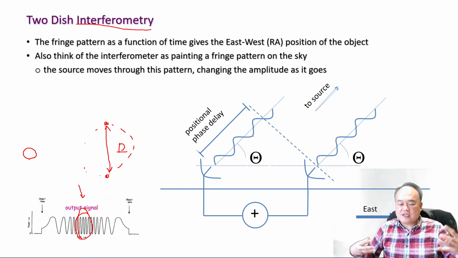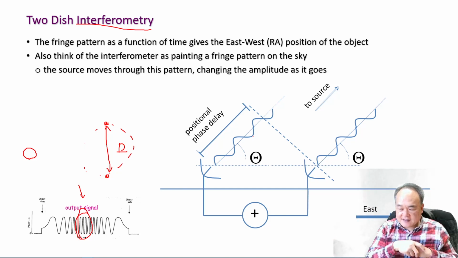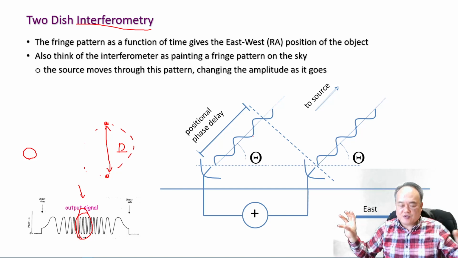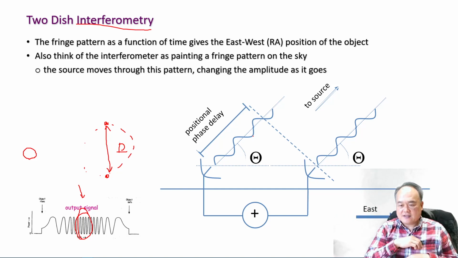To increase the spatial resolution and the diffraction limit, the angular resolution, we use more than two telescopes in an array interferometry mode.